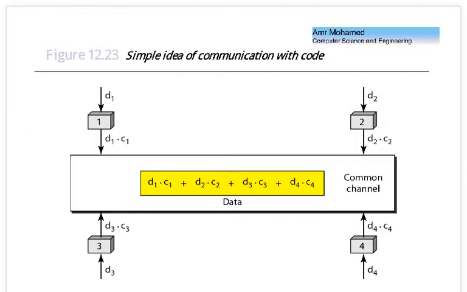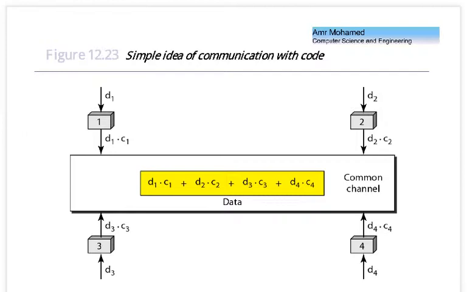We call these codes orthogonal codes, or uncorrelated codes, which means that if you multiply any two of these codes, the result will always be 0.